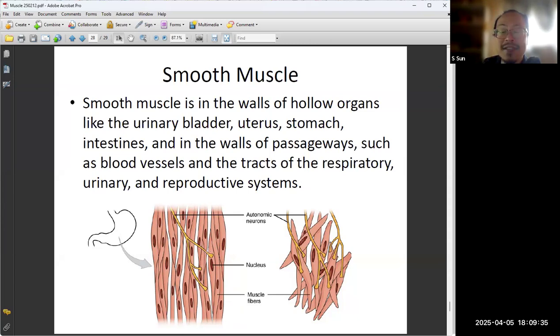So this is the autonomic nervous system. This is just an example showing that all our muscles are controlled by nerves. It's just that they are controlled by different branches of the nervous system. We have voluntary control, and we also have autonomic control. So that's that.